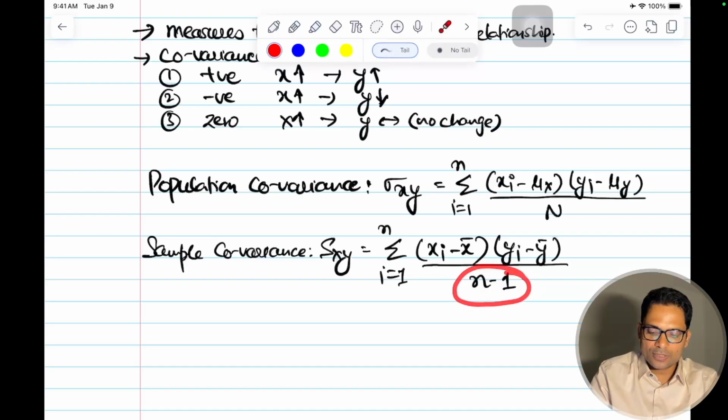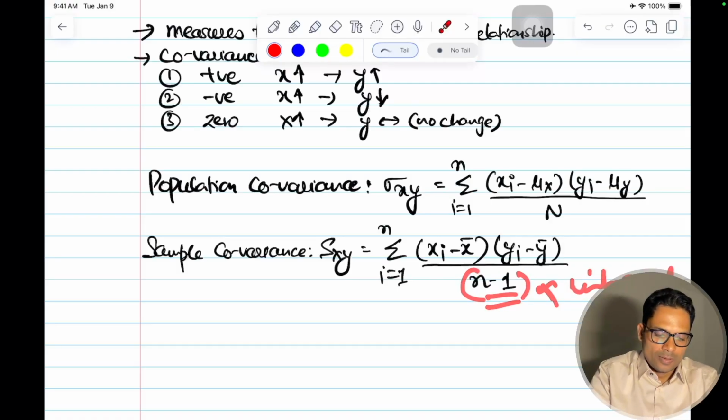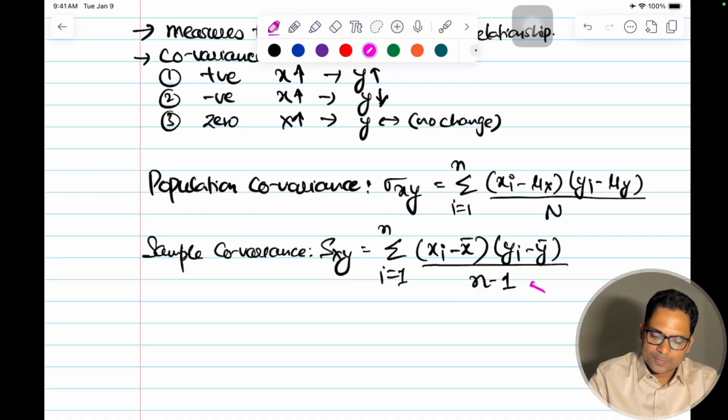That is Bessel's correction. I have told you earlier too. I'll create another video on why this n minus 1 comes. There's a mathematical derivation plus some intuition for why we make this correction so that it becomes unbiased. Just taking n is a biased estimate, and taking n minus 1 gives an unbiased estimate. For now, just assume that, and this is called Bessel's correction. This is the formula.